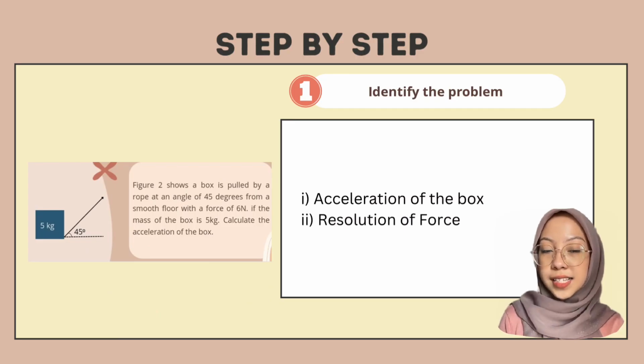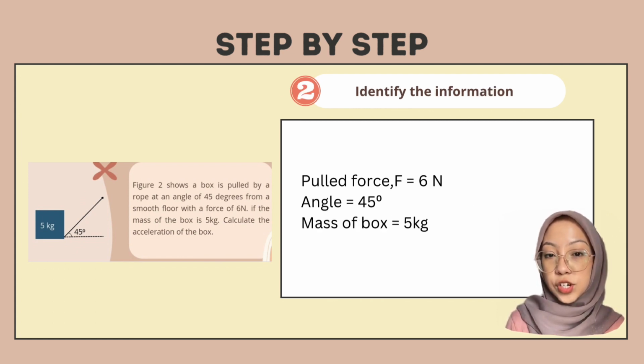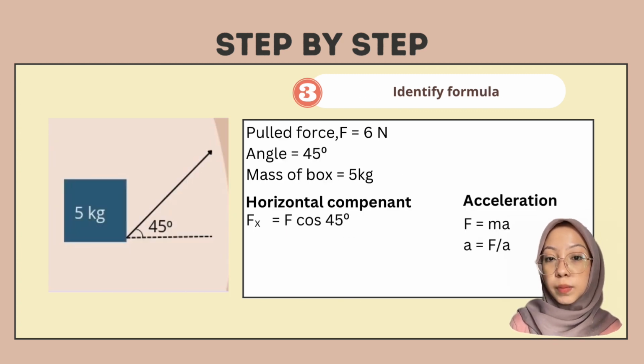So now let's discuss the answer. First step, we identify the problem. The question asks for the acceleration of the box. However, we need to do the resolution of the force acting on the box. Second step, come out with the information given in the question. Pull force F equals 6 Newton, angle equals 45 degrees, mass of box equals 5 kg. And then you need to use the suitable formula.